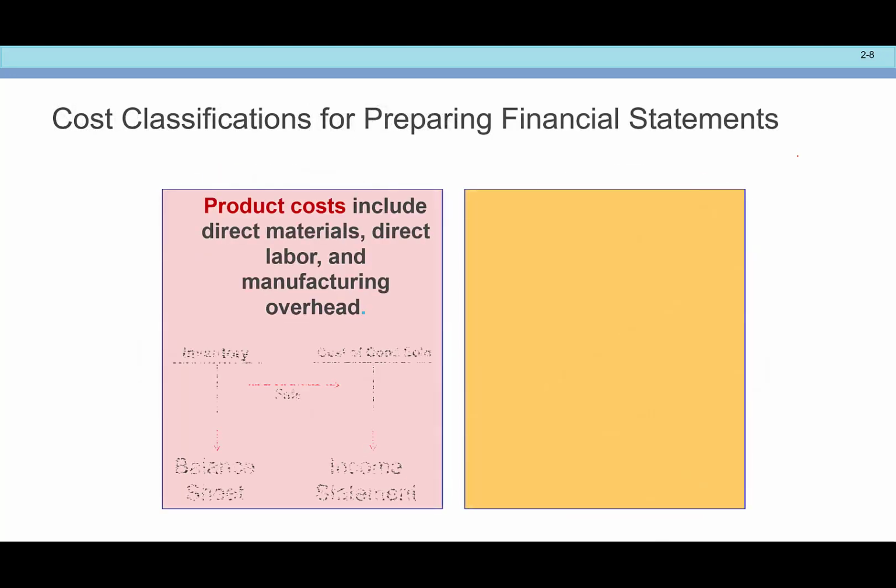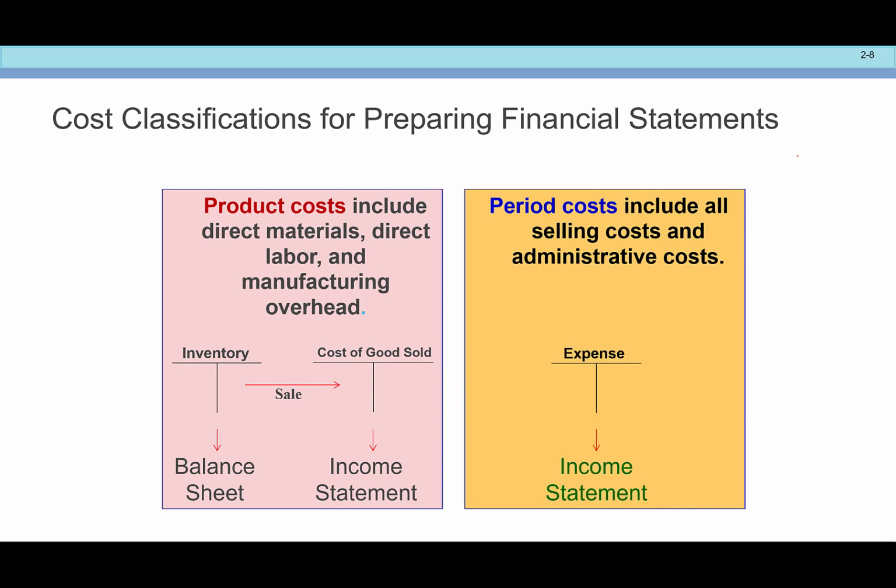Okay, good. So that's what we're showing you here on this slide. Notice period costs are expensed as incurred. You debit the expense, you credit the cash, credit the payable, whatever, and they go straight to the income statement. Our product costs, what are our product costs? Direct material, direct labor, manufacturing overhead, right?